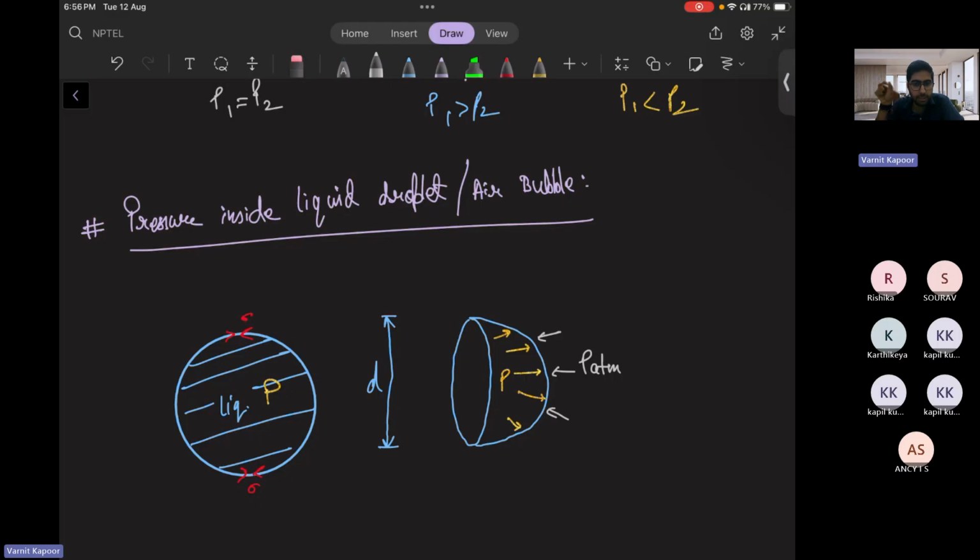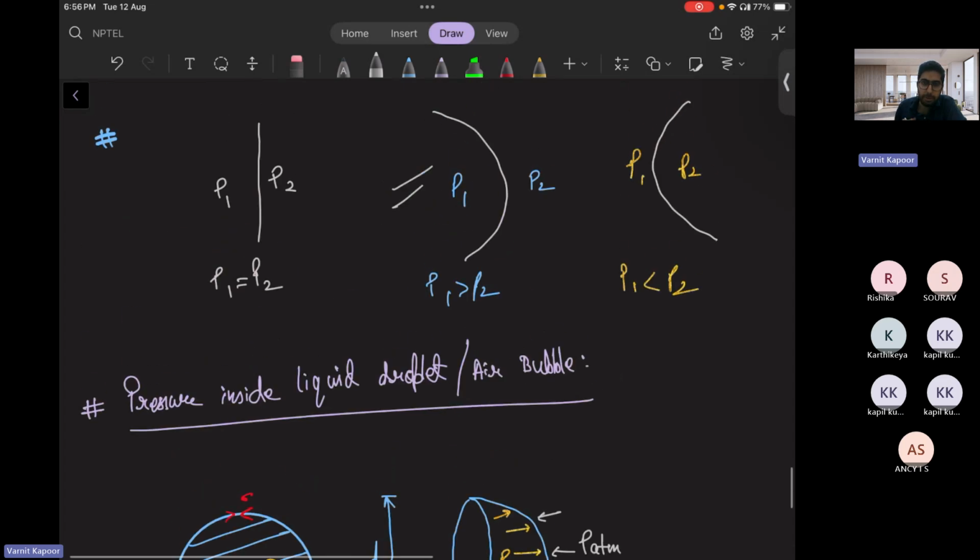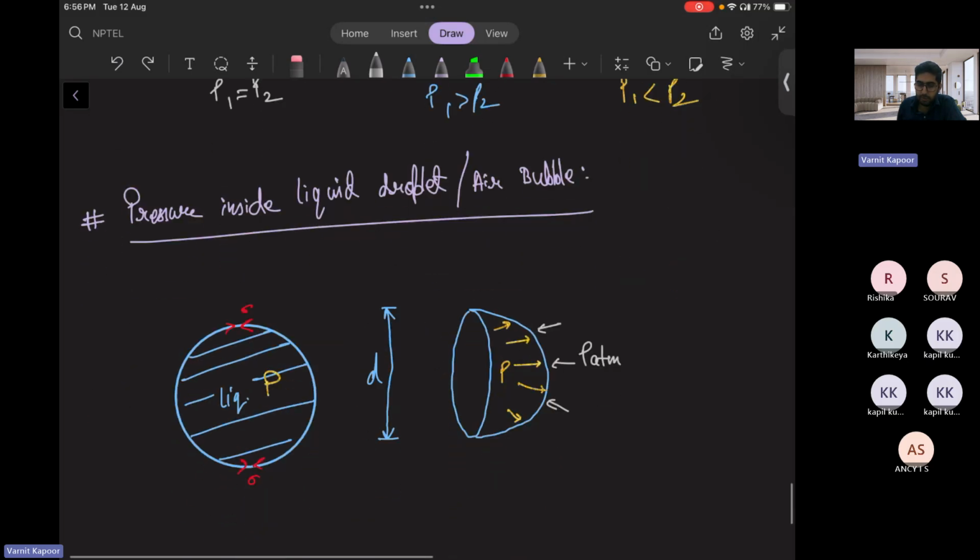There is a pressure difference. This is a scenario like this, where P1 is greater than P2. So there is eventually a pressure difference. It is not equal. So because of the pressure difference at this interface, there will be a pressure force. So how will we evaluate that pressure force?